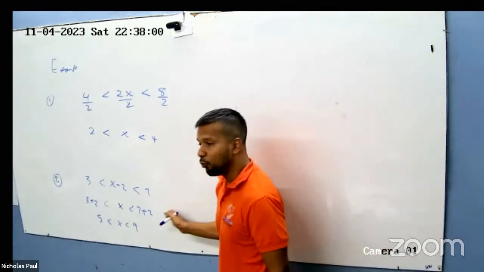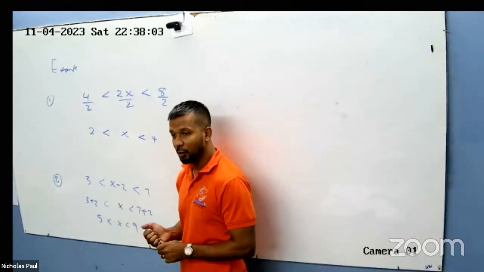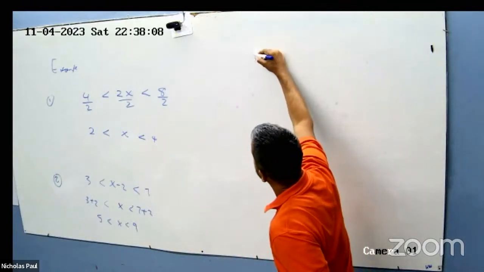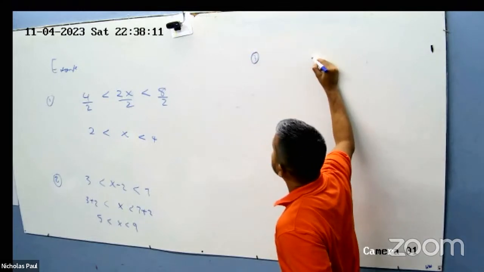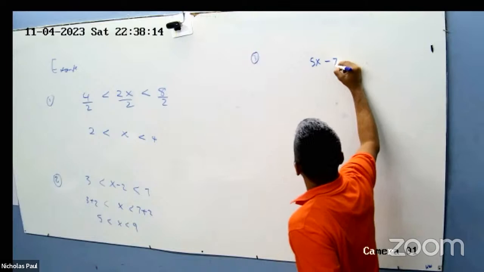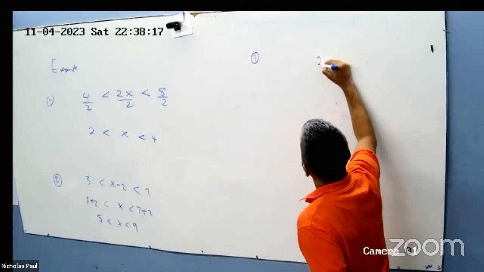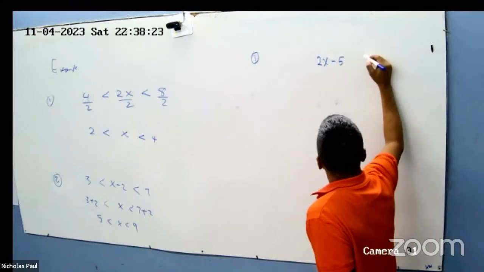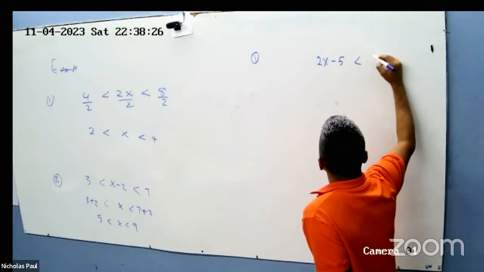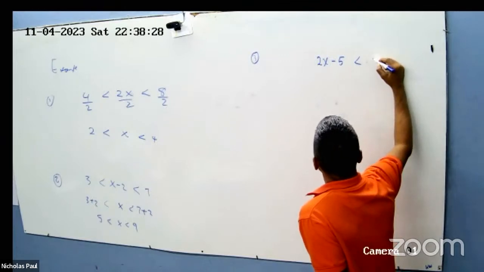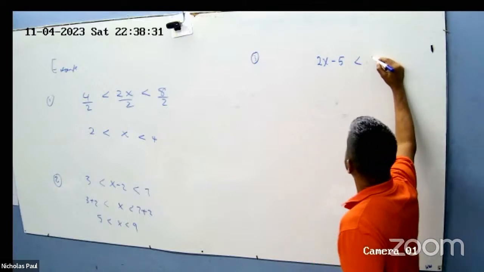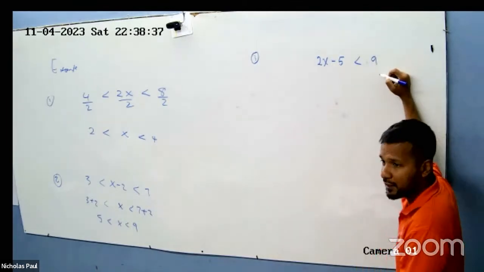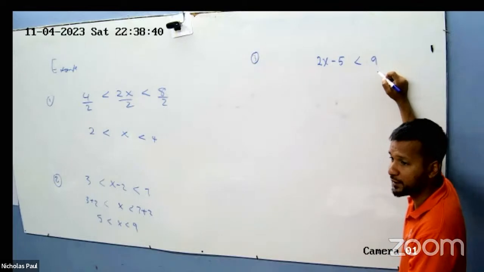So whatever you do on the right, you do on the left. Are you okay with that? Suppose I gave you this number 3 here. Suppose I gave you 5x - 7. Let's put 2x, I want to give you whole numbers. 2x - 7. Suppose I give you something like this. Because you can handle that, right? What will you do first?